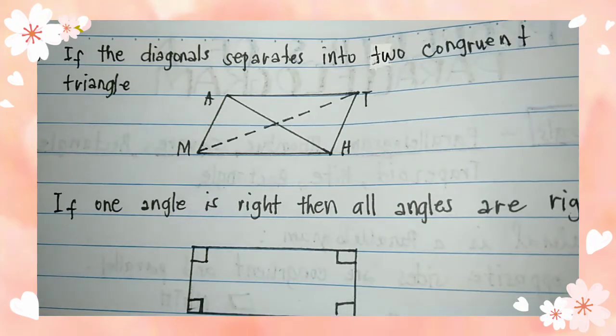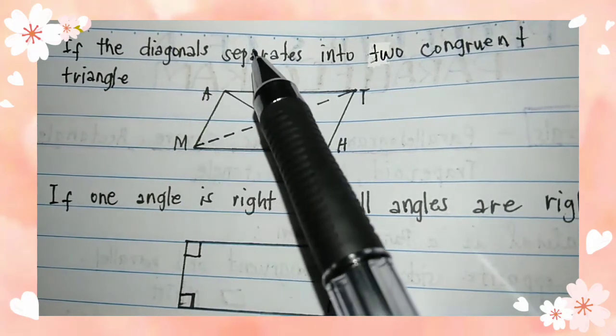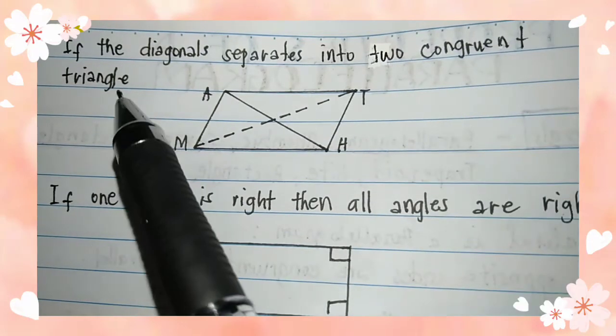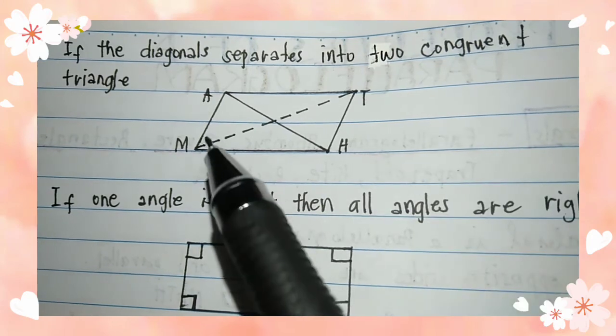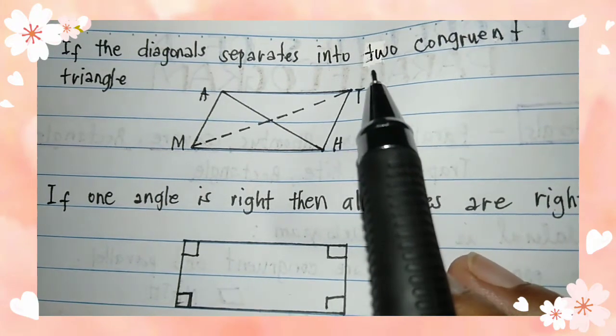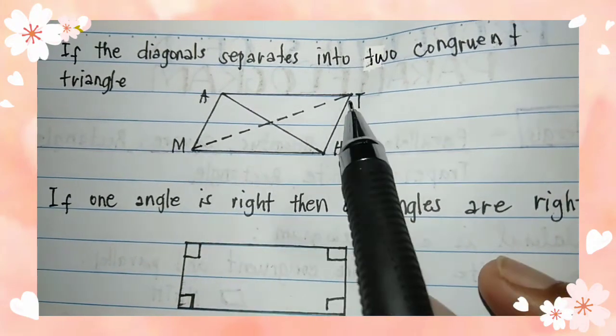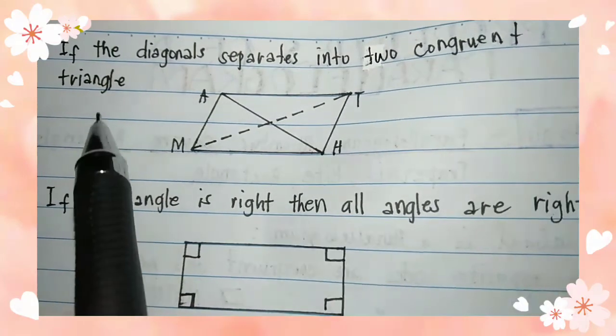For the next property, masasabi din nating parallelogram ang isang quadrilateral if the diagonal separates into two congruent triangles. So, ayan nga, sinabi ko na kanina, yung ibig sabihin ng diagonals. And, kapag meron tayong diagonal na nilagay, ayan, masasabi nating parallelogram talaga siya kung ang diagonals niya is nag-separate into two congruent triangles.